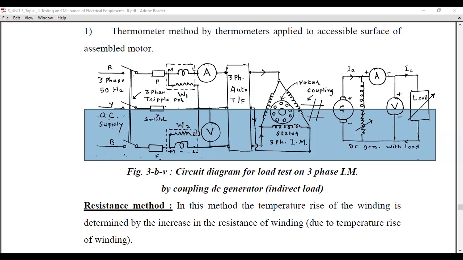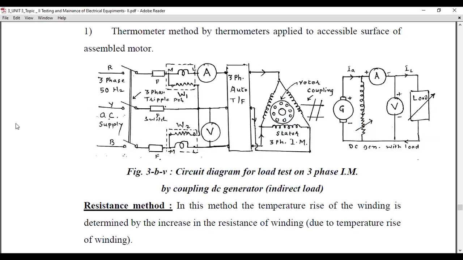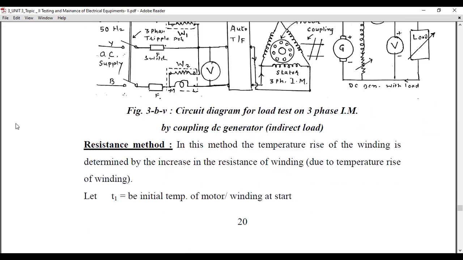So I hope you have understood the temperature rise test. In temperature rise testing, we have seen the arrangement. We have measured the temperatures until the steady state value is obtained.